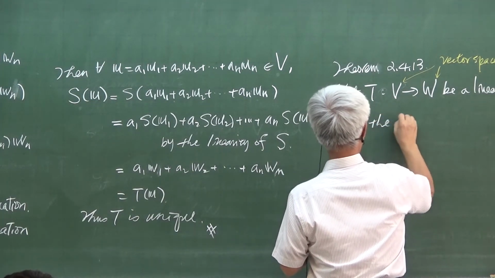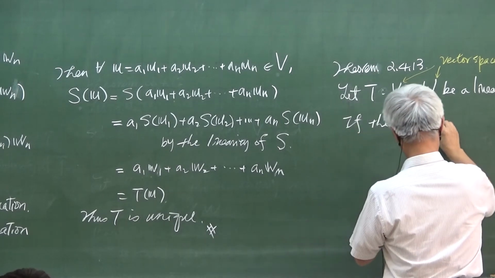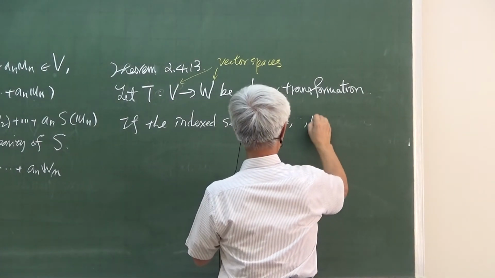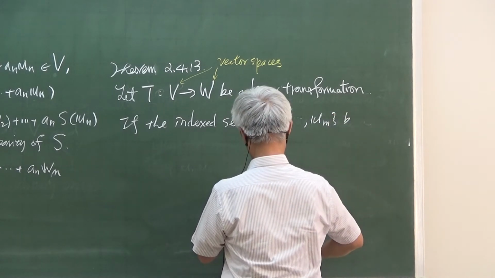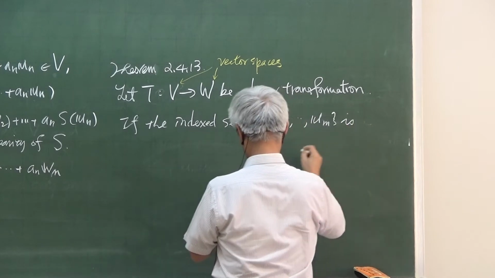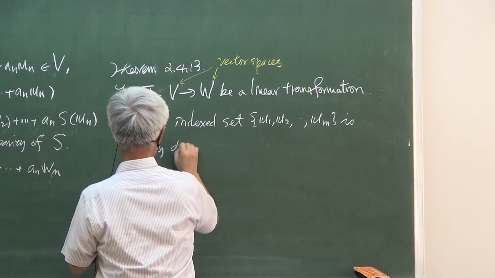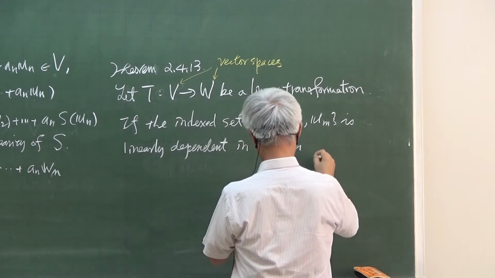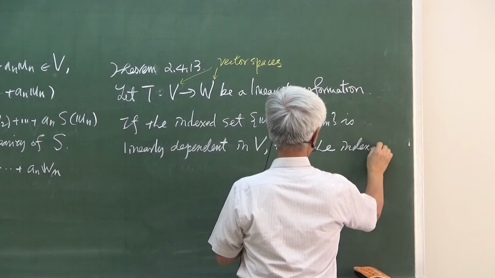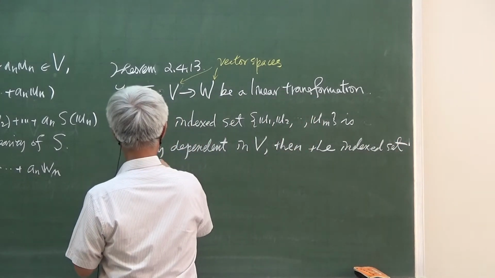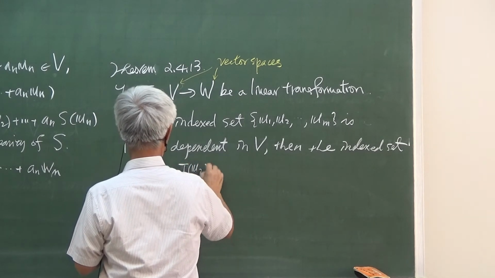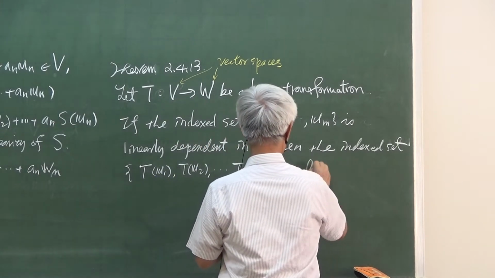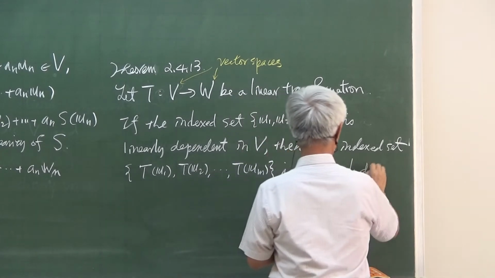Now, if the index set U1, U2 up to Um is linearly dependent in V, then the index set T U1, T U2, up to T Um is also linearly dependent.